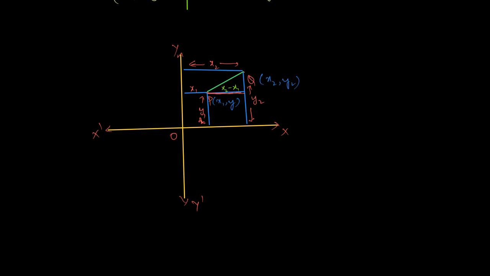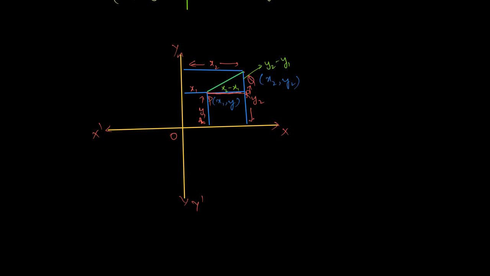Similarly, this vertical distance will be y2 minus y1. Let us say this point is R. So PQR is a right angle triangle. x2 minus x1 is our base and y2 minus y1 is our height, whereas PQ is the hypotenuse. We have to find the value of PQ.